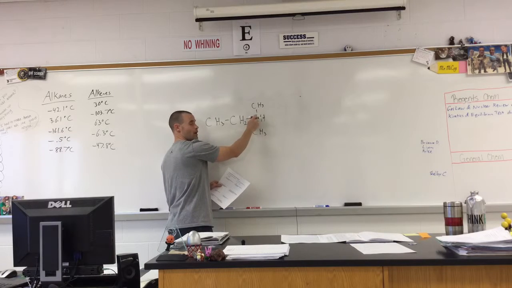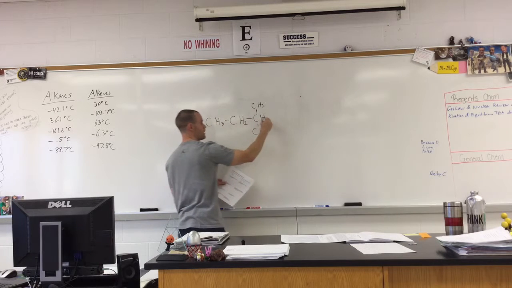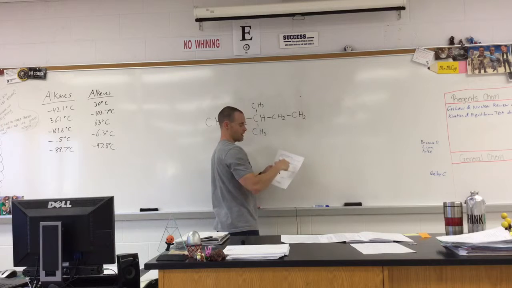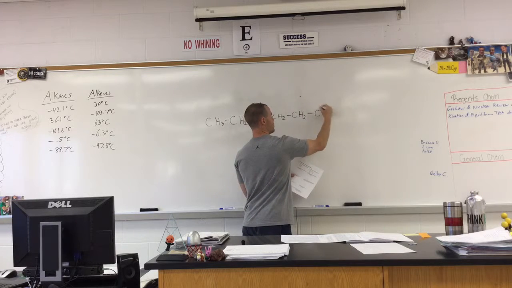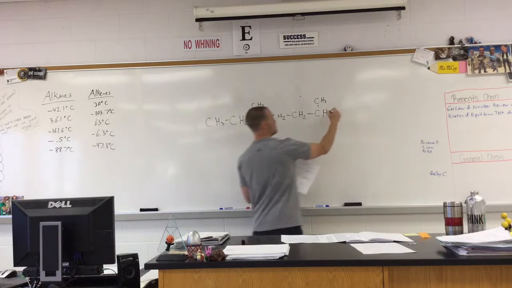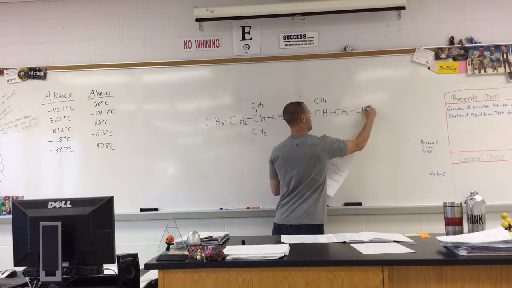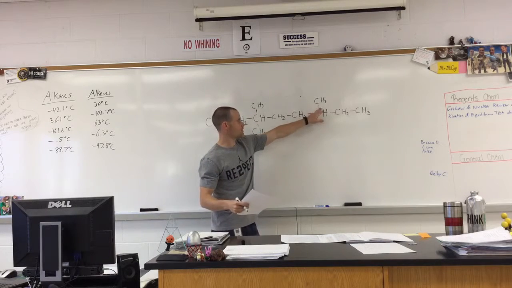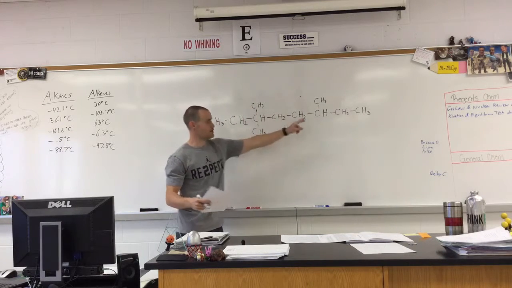That means the third has 2 methyl groups. 1 up, 1 down. So 1, 2, 3, 4, 5, and then again 6 here. 6 will have a methyl. It doesn't matter if you go up or down with it. That's 6. So now 7, 8, and that's our octane. So 3,3,6-trimethyl, and then there's octane.